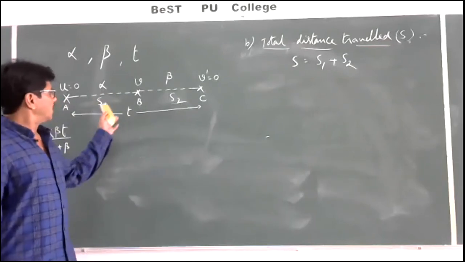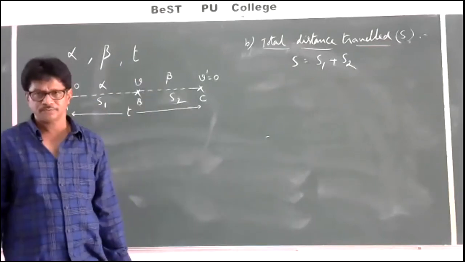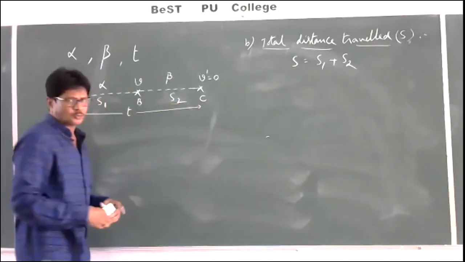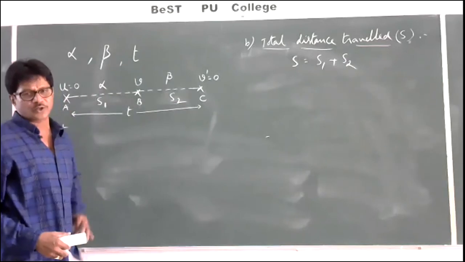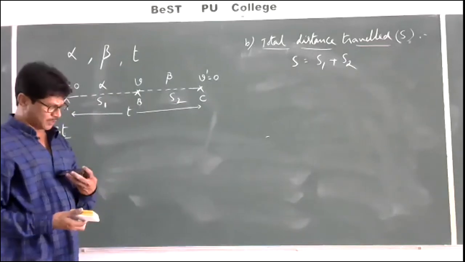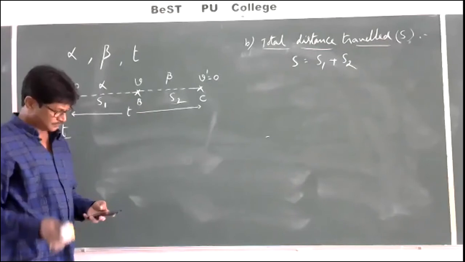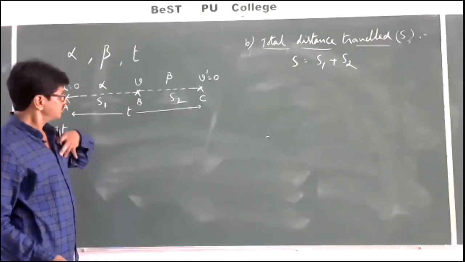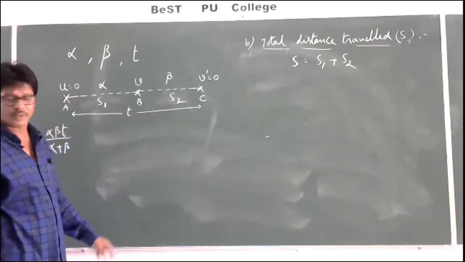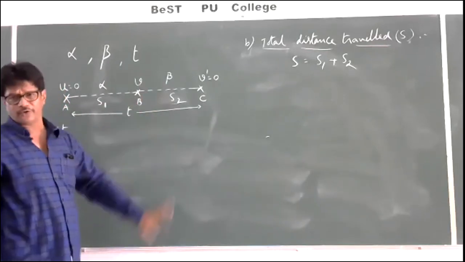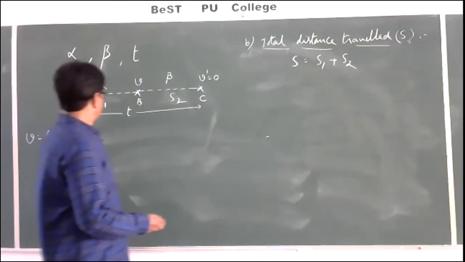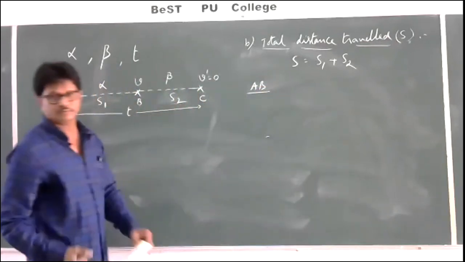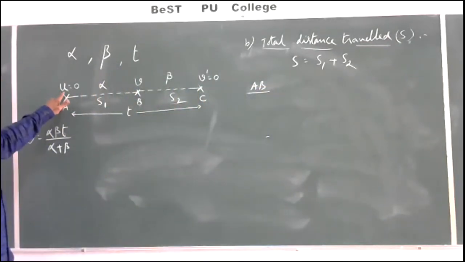Now what is the S1 value and what is the S2 value? S1 belongs to AB and S2 belongs to BC. First I am going with AB. U value we know.